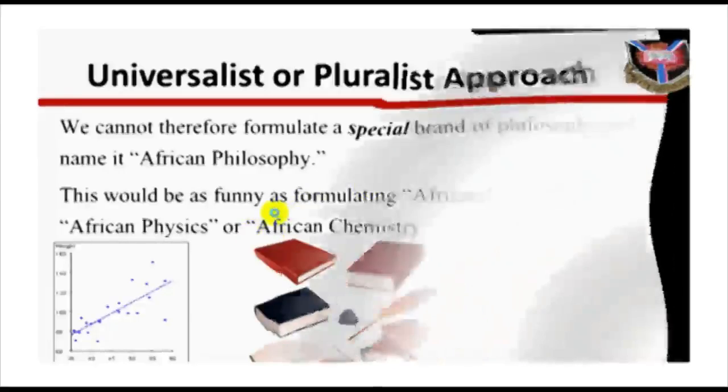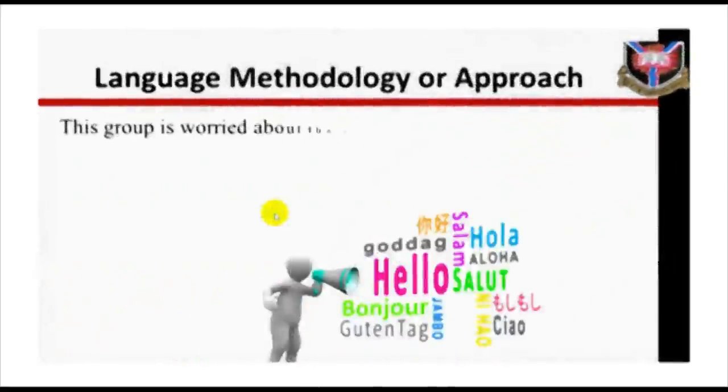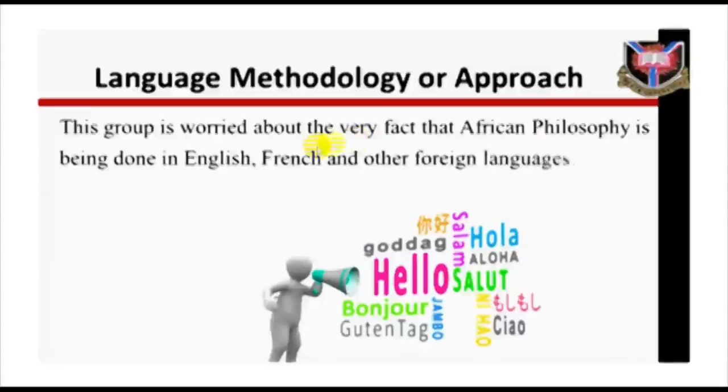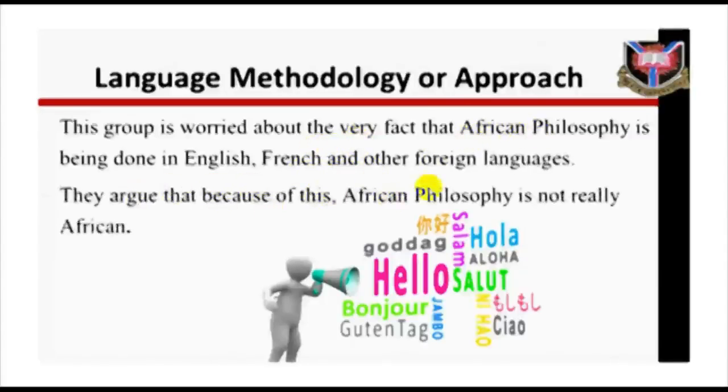Language, methodology, or approach. Another group of African philosophers are more concerned with the language of African writers and philosophers. This group is worried about the very fact that African philosophy is being done in English, French, and other foreign languages. They argue that because of this, African philosophy is not really African.